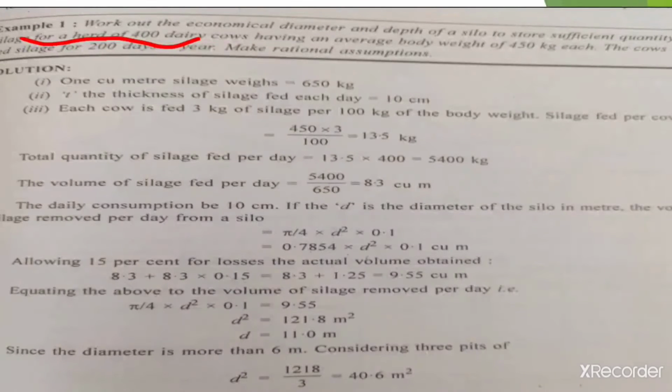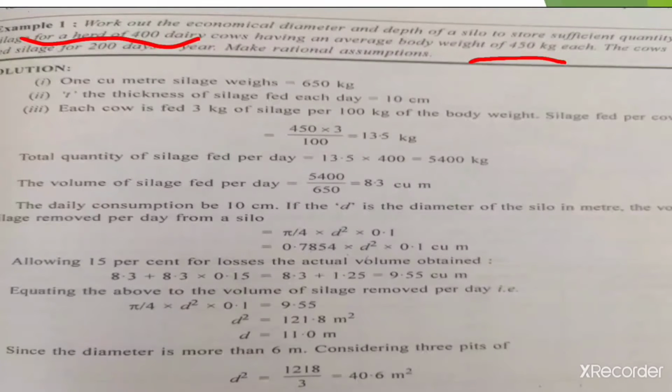The total number of cows is 400, having an average body weight of about 450 kg each. The cows are fed silage for 200 days throughout the year. Make rational assumptions to calculate the economical diameter and depth of the silo.